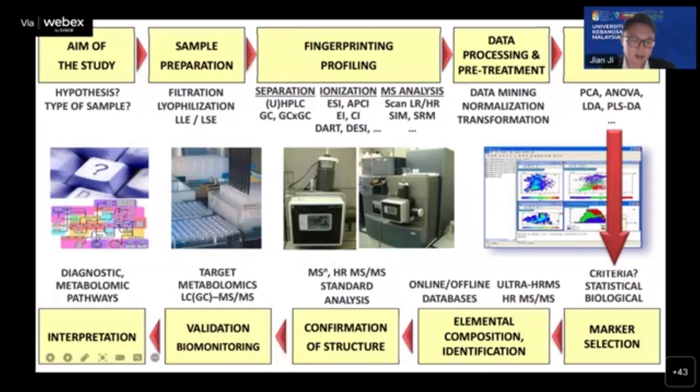After that, we do targeted metabolomics for validation. Normally, we have to buy the standards to validate whether the identified compounds are correct or not. At this part, the number must not be too many, not thousands, just several metabolites. We have to validate them, and then we do the interpretation.